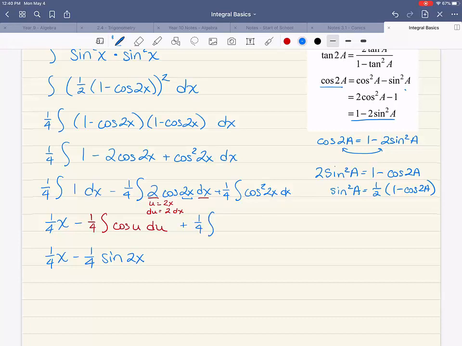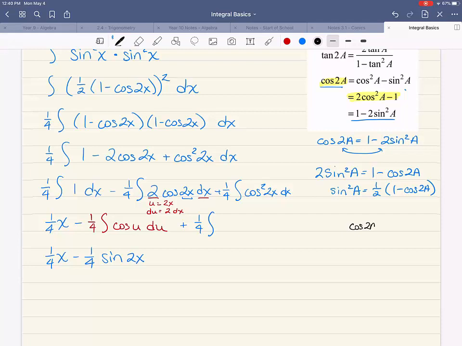So I've got the integral of cosine squared of 2x. Now forget about the fact that it's 2x right now. Instead of the 2 that I have underlined right now, I am looking at this one and this one because it's a cosine squared. So now what I'm going to do is take those two.